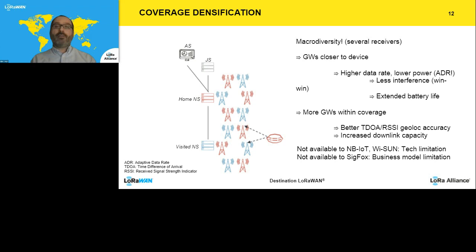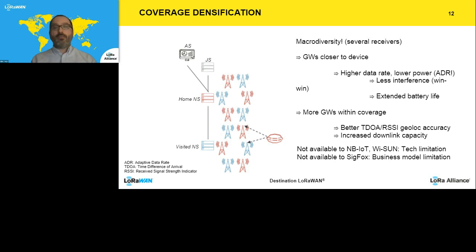So by lowering the transmission power and increasing the data rate, now the transmission from that device would create less interference for the other devices in its vicinity. And it will also elongate the battery lifetime of that device. So this is very much beneficial for both the network and the end device.